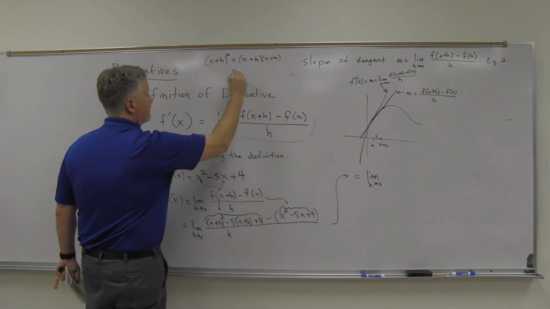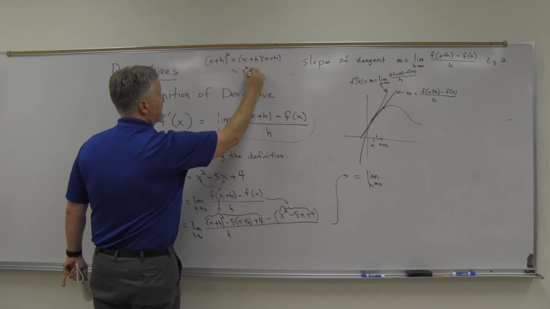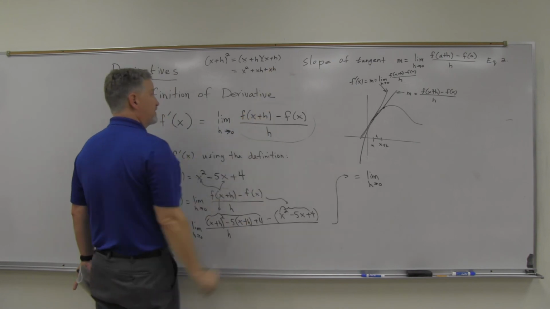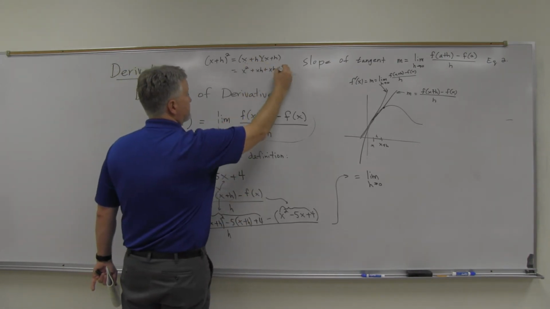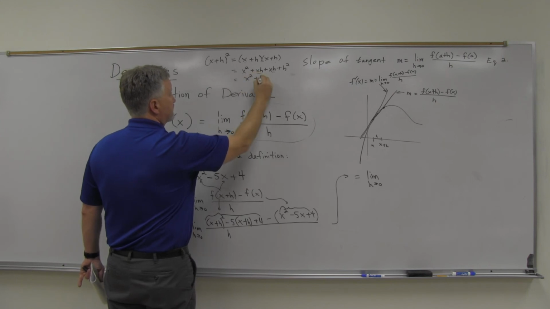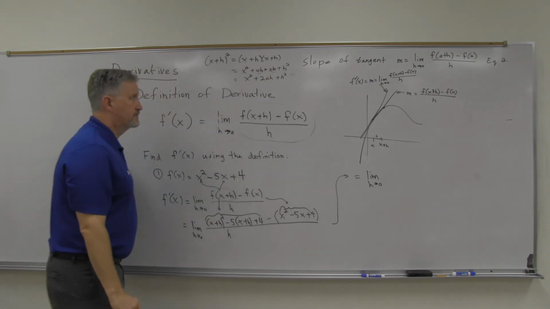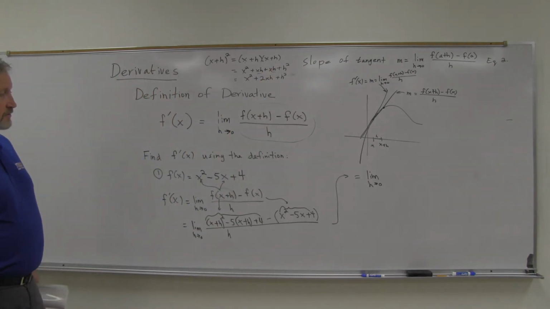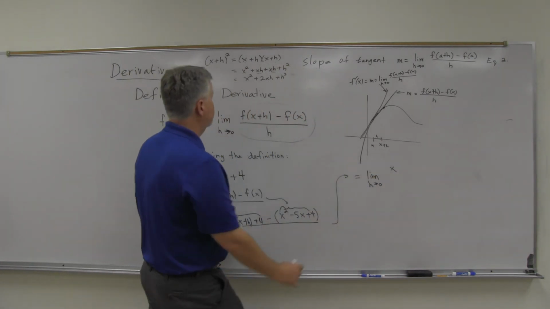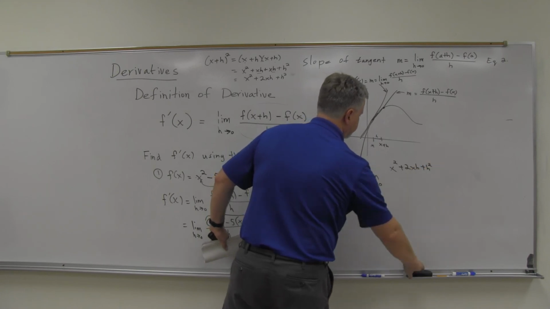X times x is x squared. X times h is plus xh. H times x is another plus xh. And then h times h is h squared. So what you've got is x squared plus, those two are the same, 1xh plus 1xh is 2xh, and then plus h squared. So that is what this first part is: x squared plus 2xh plus h squared.